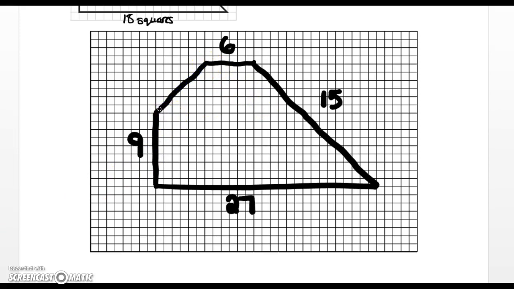So let's count that. We should have 1, 2, 3, 4, 5, 6. So that's how I know I did my work right, because my very last side should just connect from the beginning to the end and should give you that exact measurement.